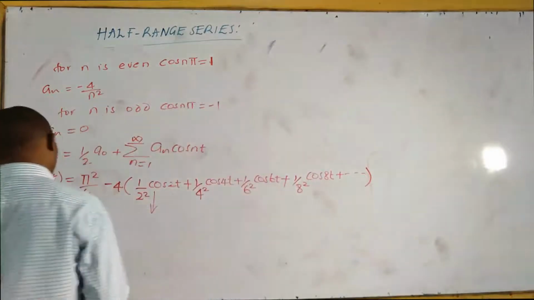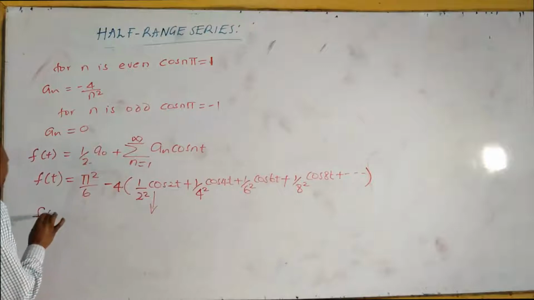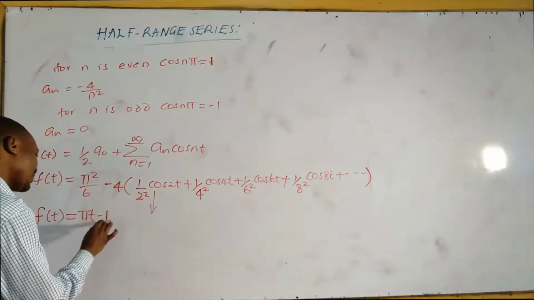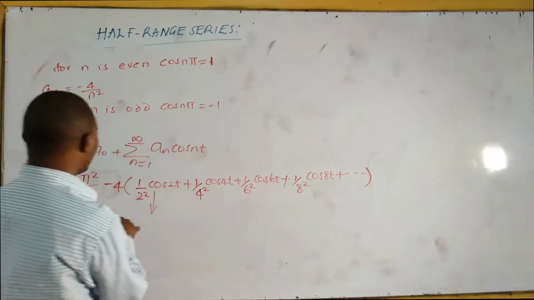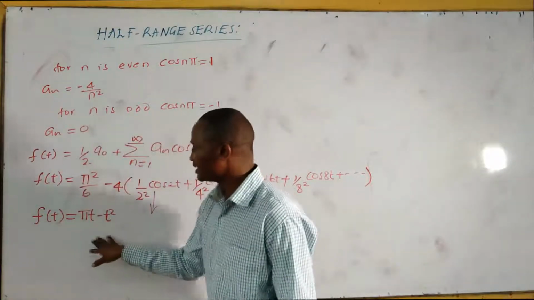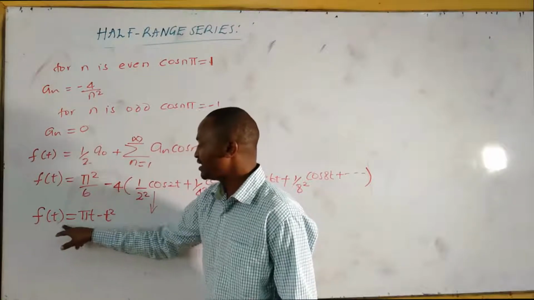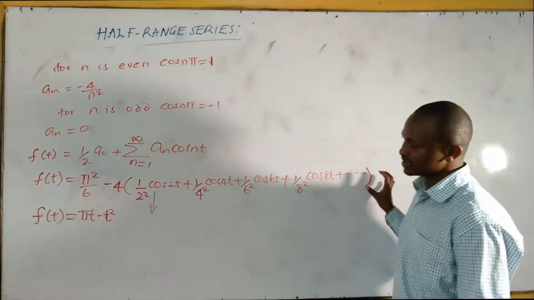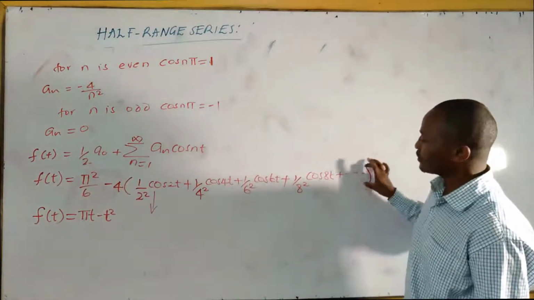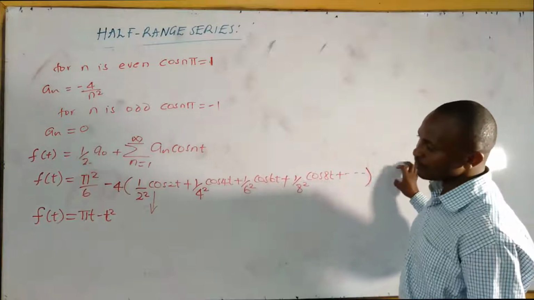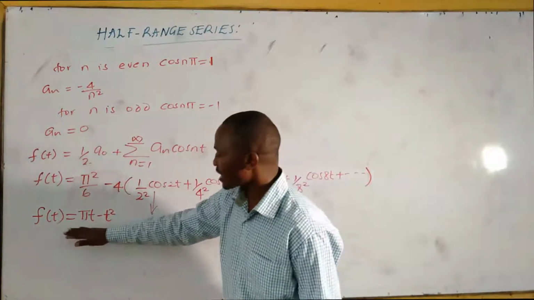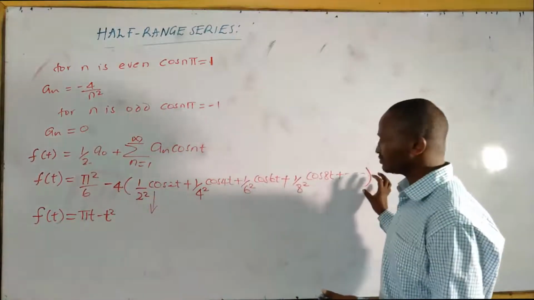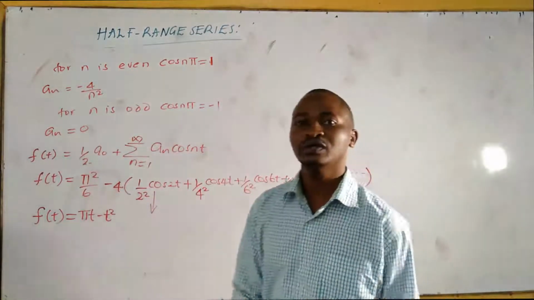For example, we are trying to represent the function f of t equal to pi t minus t squared using this trigonometric series. The more terms we have in this series, the more they approach our actual function. But for purposes of saving time, we just write a few.